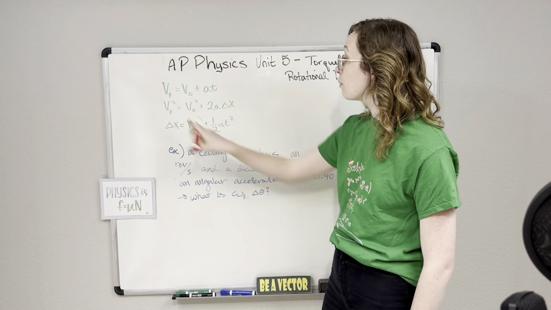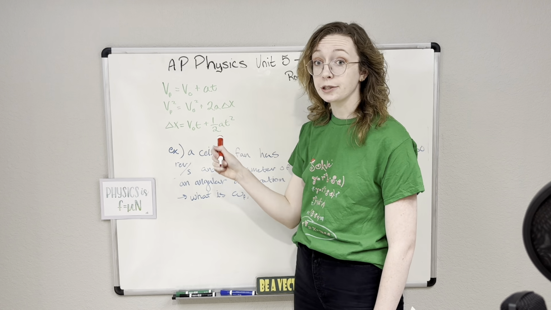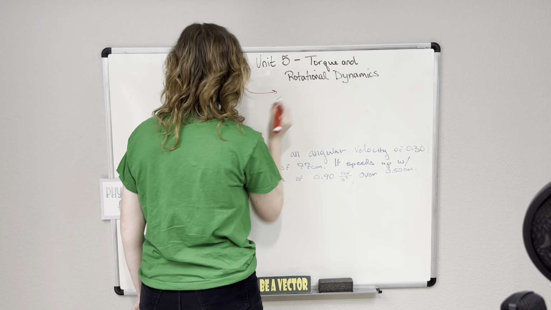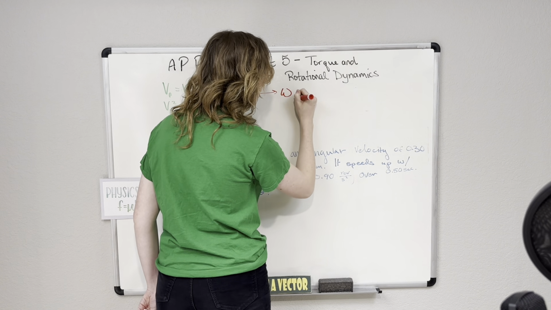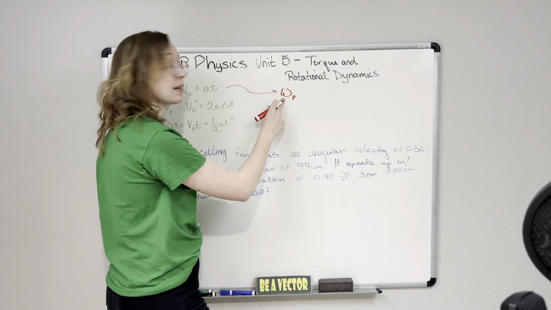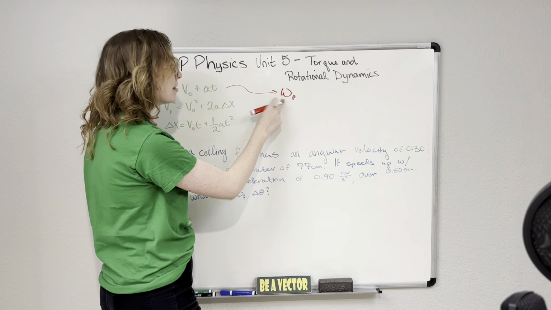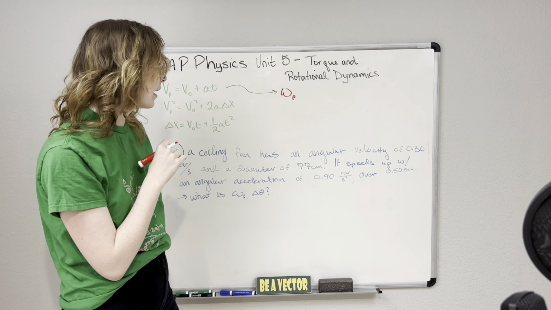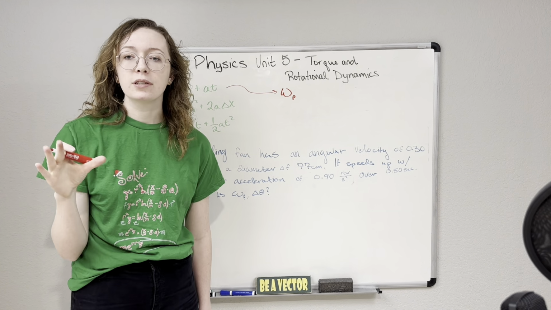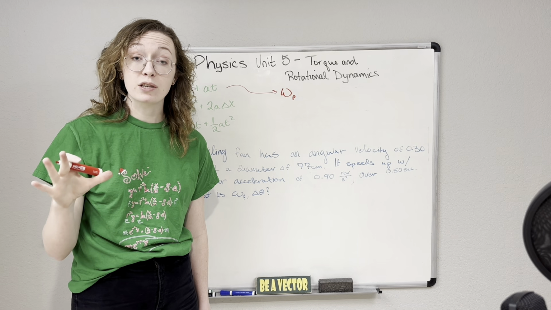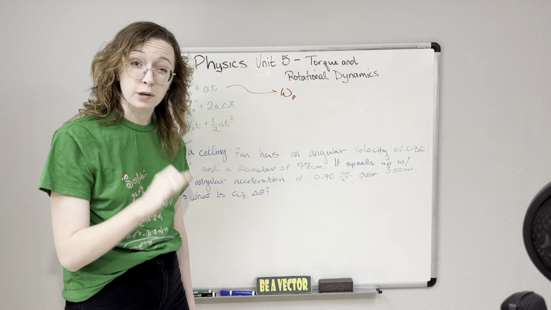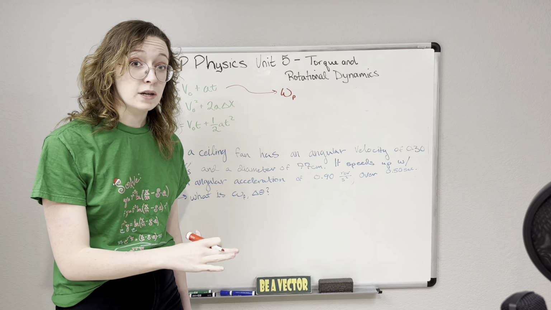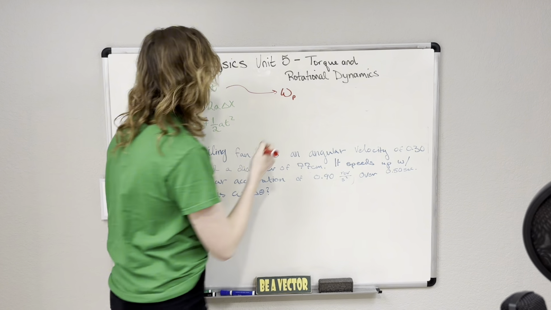Our first equation: our final velocity is equal to our initial velocity plus acceleration times time. All that becomes is that my final angular velocity, which I represent with this squiggly w, is actually a Greek letter called omega, a lowercase omega. You'll notice that these equations for angular motion have a lot of Greek letters, and that's just because we ran out of normal ones and had to borrow some from another alphabet.